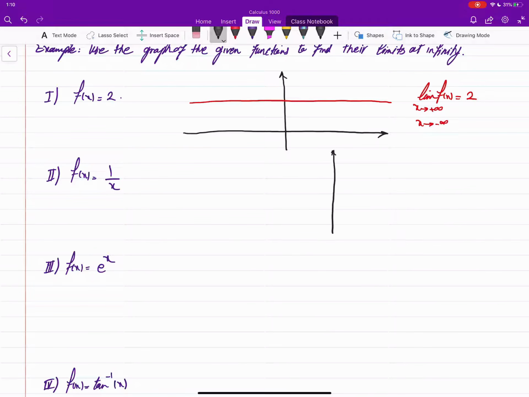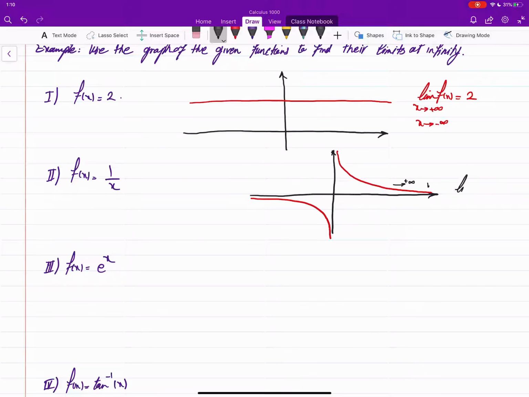How about this other one, f of x equal to 1 over x? I hope you know the graph of this function. This is a simple rational function, and it goes like this. As x moves to positive infinity, the values get closer and closer to 0.